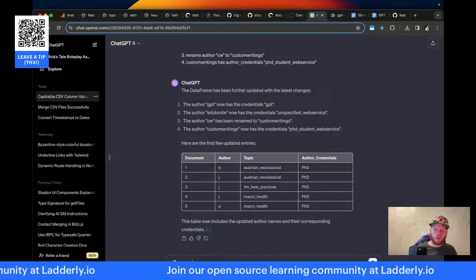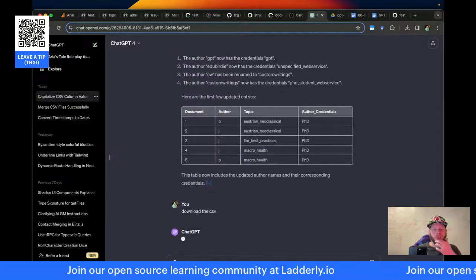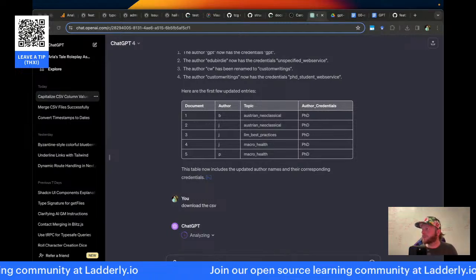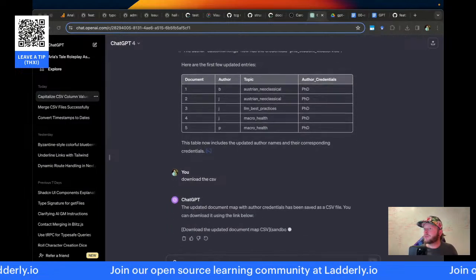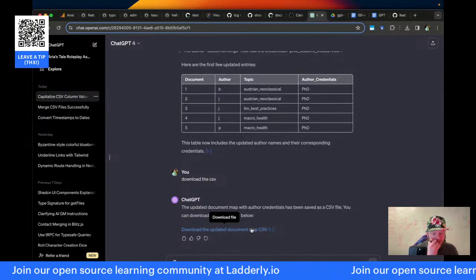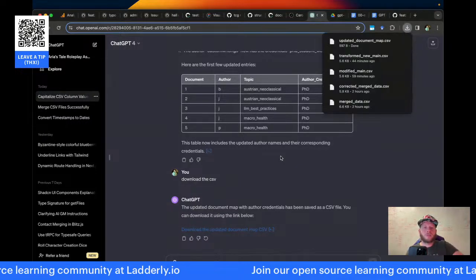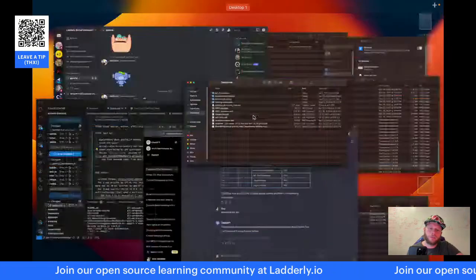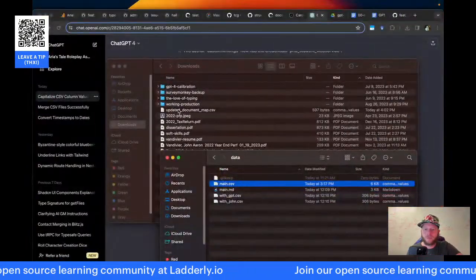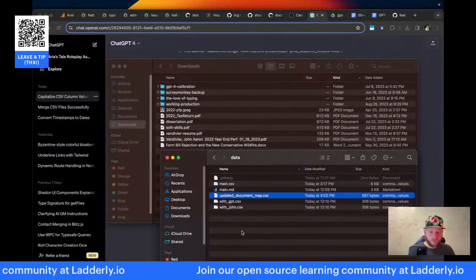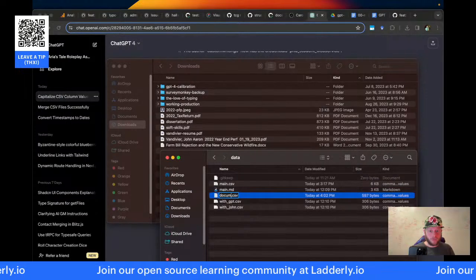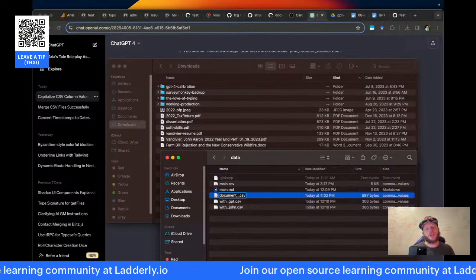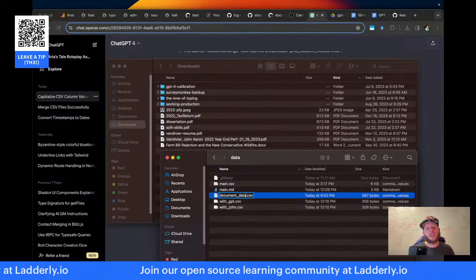Okay, download the CSV. So this will be like the author credentials map, author credentials data. Document data.